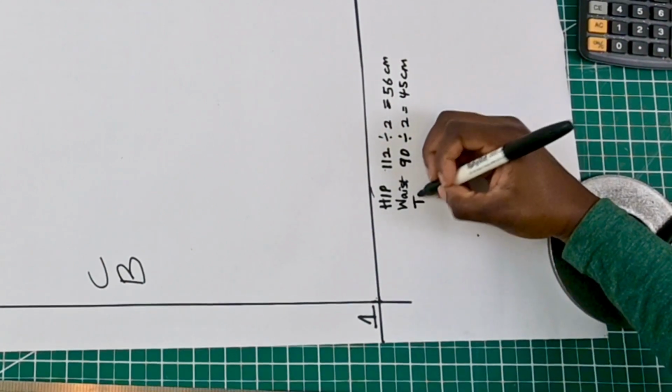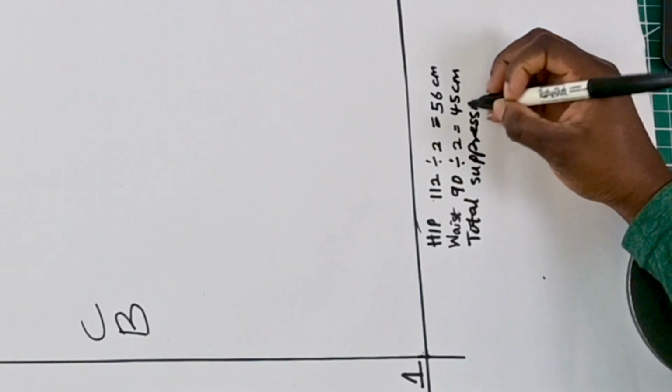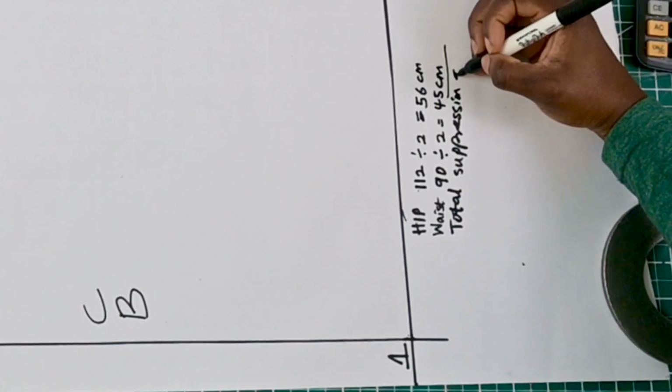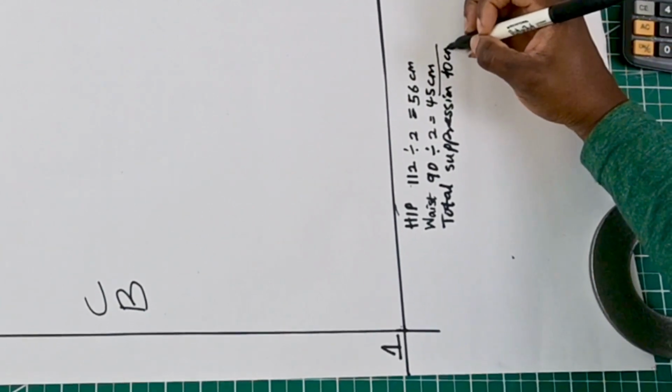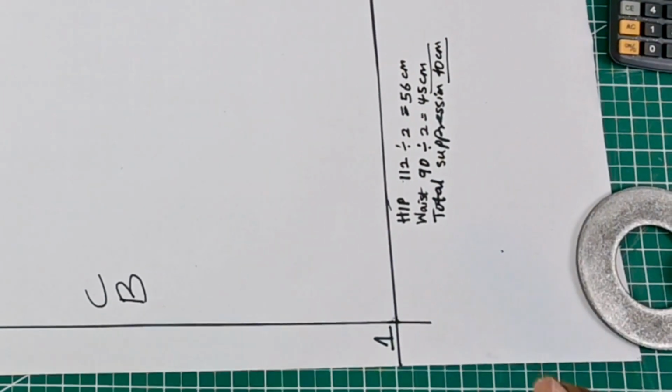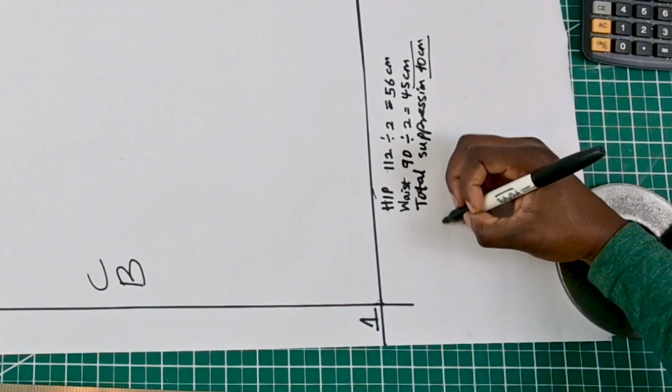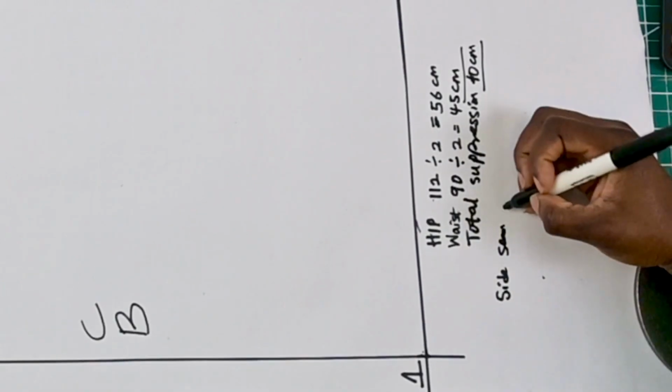So our total suppression is equal to 10 cm. Now we need to divide this total suppression between our side seam suppression.